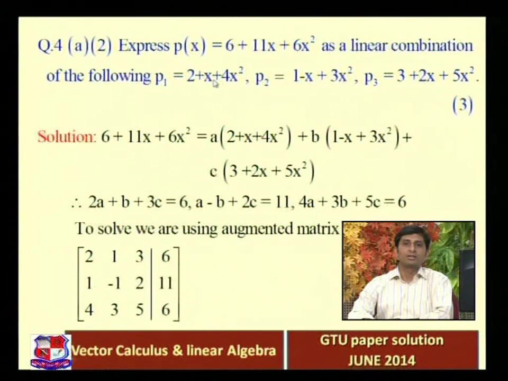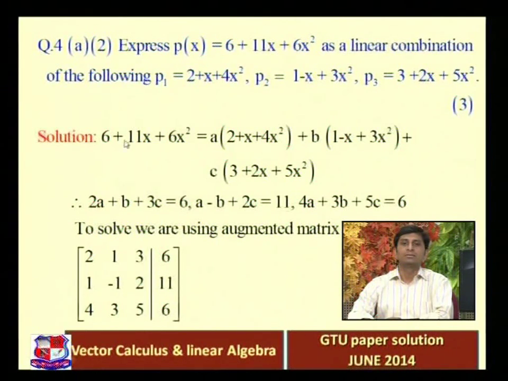You can see all polynomials are 2 degree polynomials, and we want to check that this p can be expressed as a linear combination of p1, p2 and p3. So we start with, suppose this polynomial p can be expressed as linear combination of p1, p2 and p3. That means what?